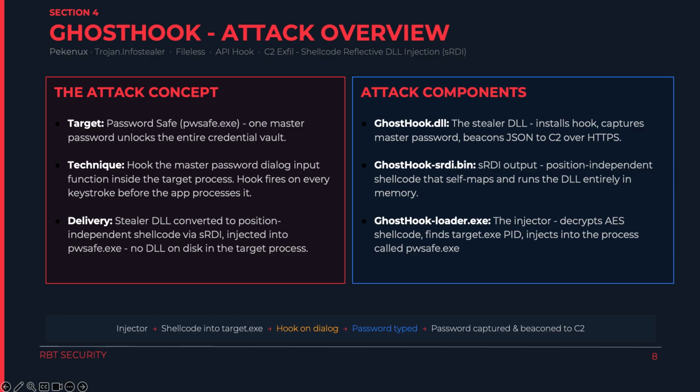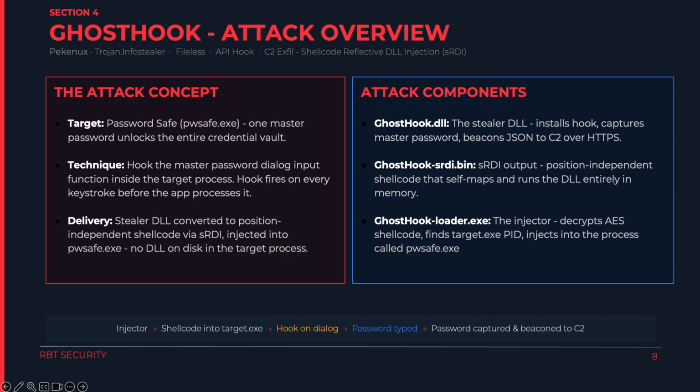So basically, our GhostHook tool has three components, right? So we have the GhostHook DLL, that basically is the stealer DLL: it installs the hooks, captures the master password, and beacons JSON to the C2 over HTTPS, right? So we have our GhostHook bin that basically is our position independent shellcode that self-maps and runs the DLL entirely in memory.